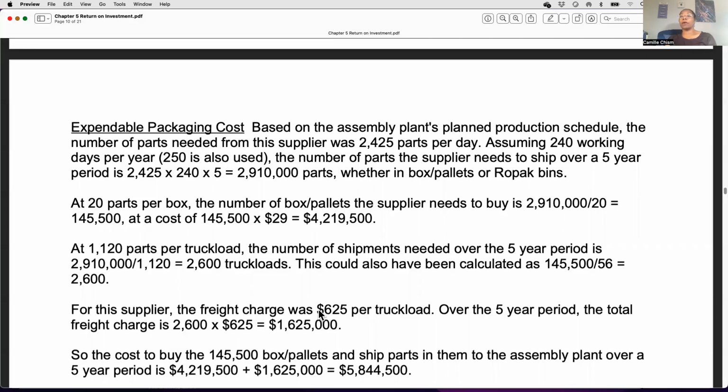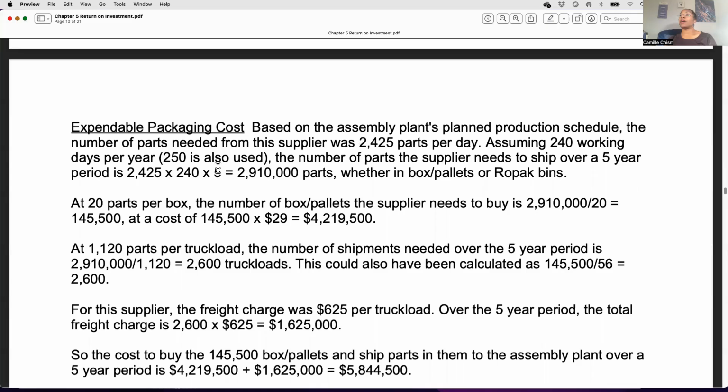I mentioned when we talked earlier that for that one example they were using 250, but for this example we're using 240. And then the number of parts that the supplier needs to ship over 5 years. So keep this in mind. They're using 240 days per year.